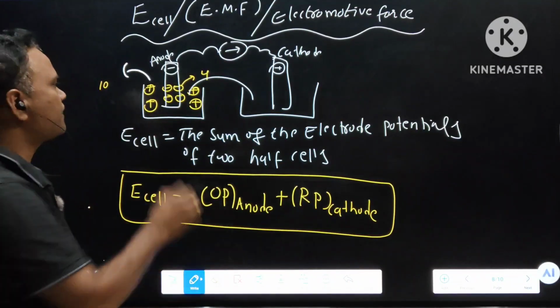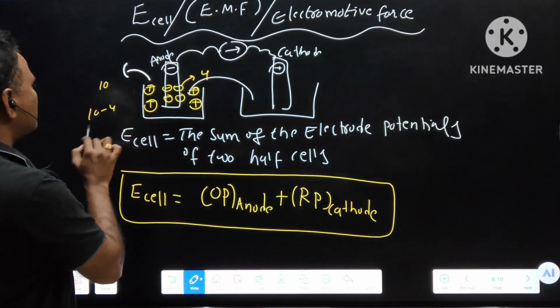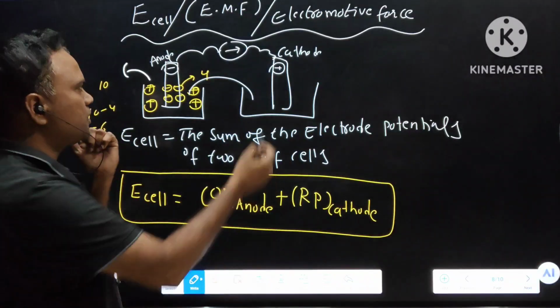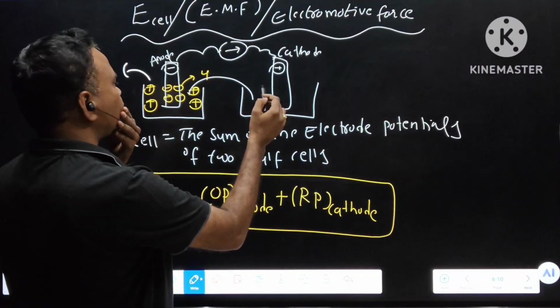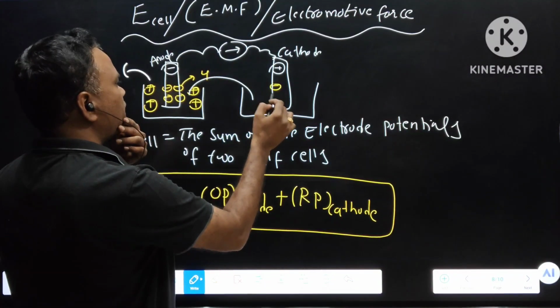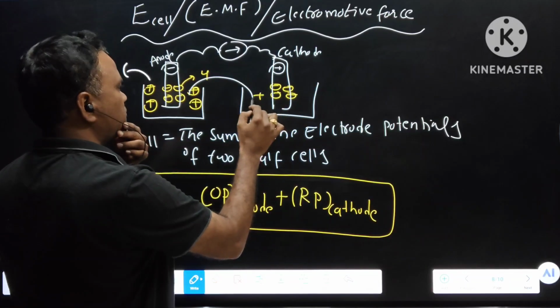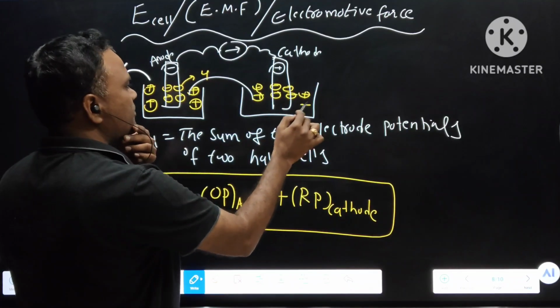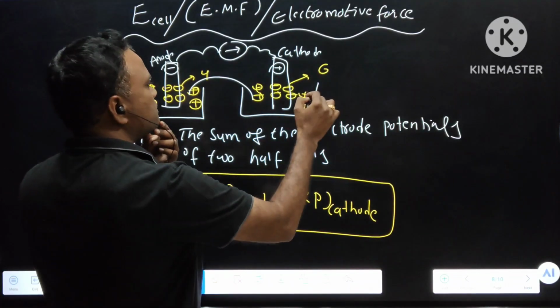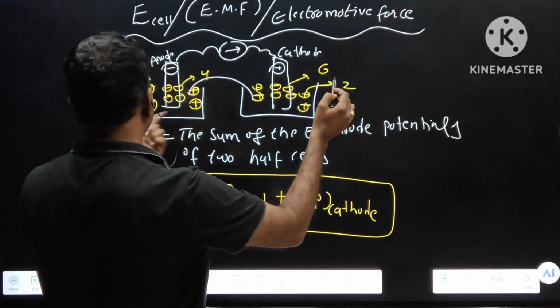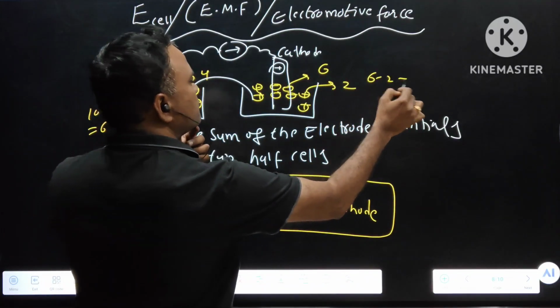What is the difference? 10 minus 4 is equal to 6. In this case, negative, negative, negative. Approximately, I am just randomly giving: here 6 and 2. 6 minus 2 is 4.